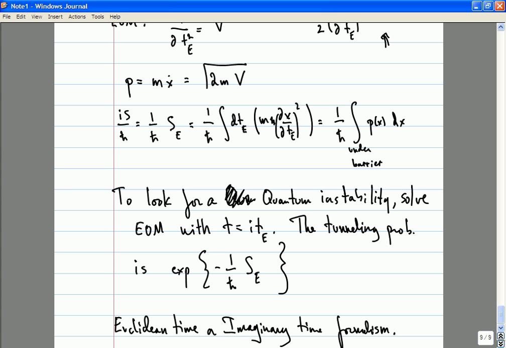So I realize that my comments in the last 10 to 15 minutes or so have probably been rather mysterious, and this is certainly not something that I expect that you have seen before. But I feel like it's something I want to introduce, at least briefly, because it is a formalism and a way of thinking about tunneling that does show up in a lot of places in physics.